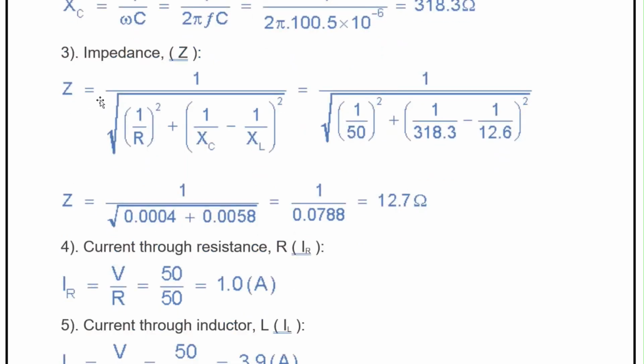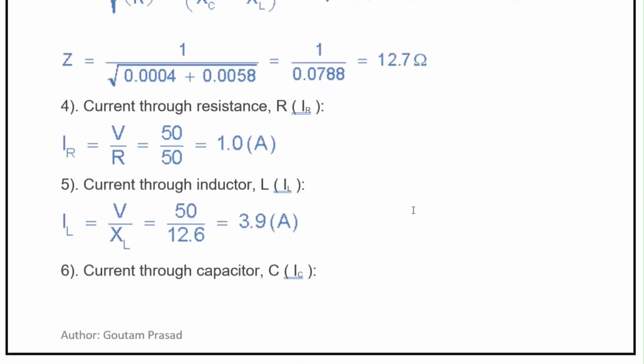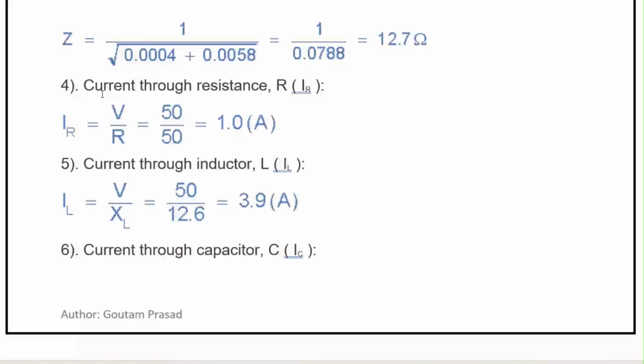Impedance Z is equal to 1 upon the square root of (1 by R) whole square plus (1 by XC minus 1 by XL) to the whole square. Substitute the values, and after calculation you get 12.7 as the value of Z.